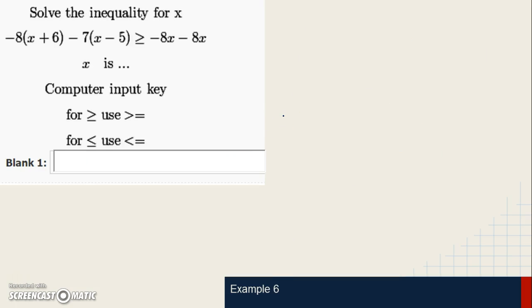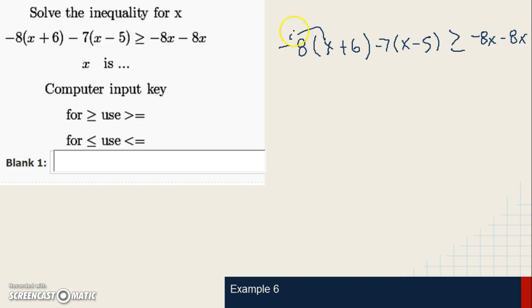Example number 6. Negative 8 times x plus 6 minus 7 times x minus 5 is greater than or equal to negative 8x minus 8x. Before I do anything, if I can simplify, I'm going to. So I'm going to distribute both of these numbers.